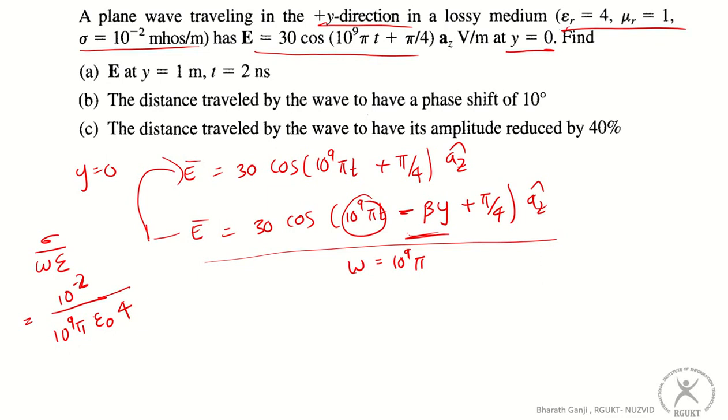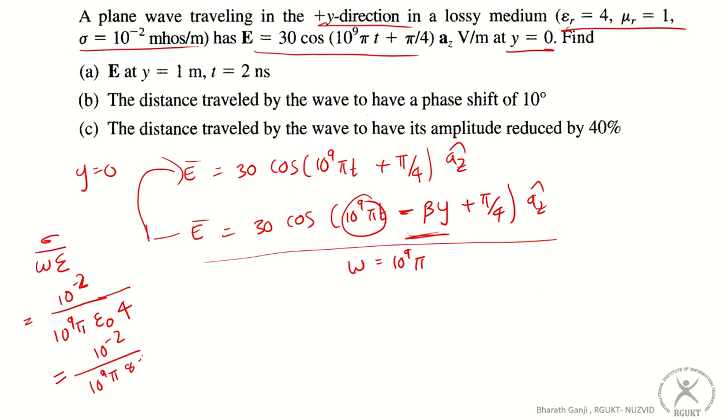Let me try to calculate it. So you get 10 power minus 2 divided by 10 power 9 pi.